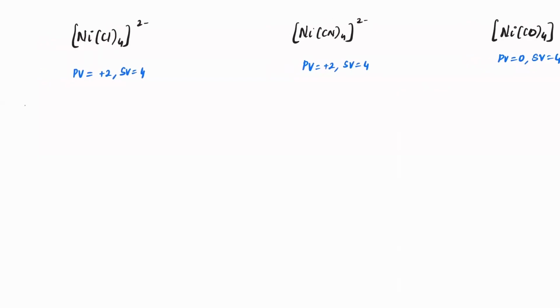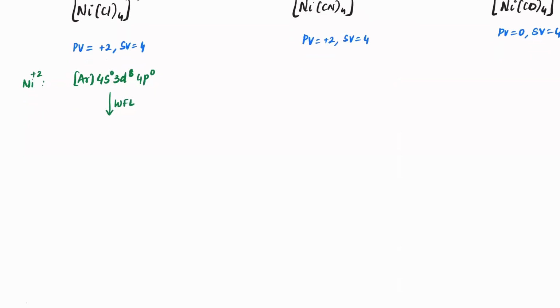Now notice this one. When it comes to nickel here, what is the oxidation state? +2. So its configuration is argon, 4s 0 and 3d 8, which means its 4p is still empty. Since we are dealing with a weak field ligand, chloride is a weak field ligand, there is no purpose of pairing here.